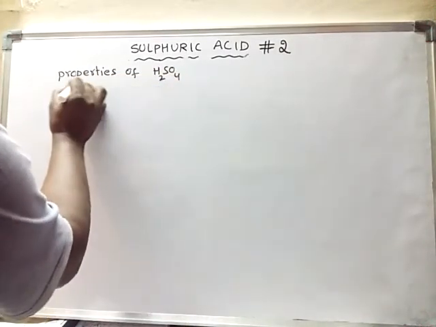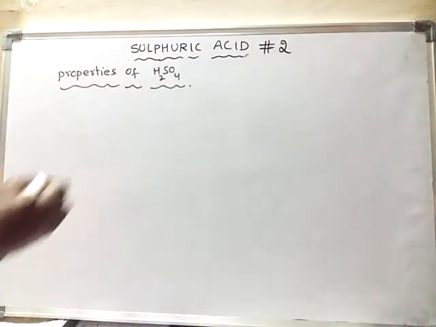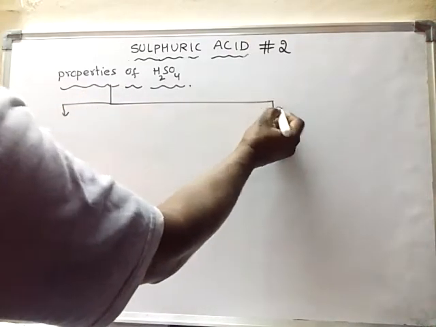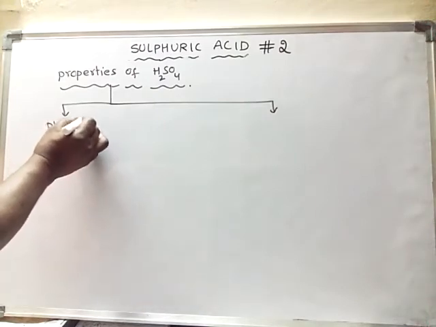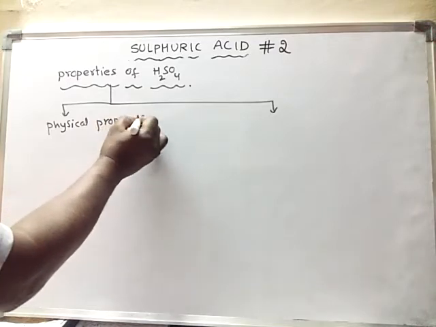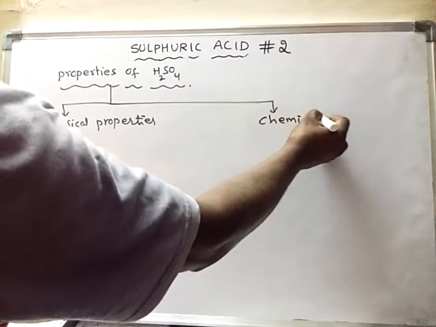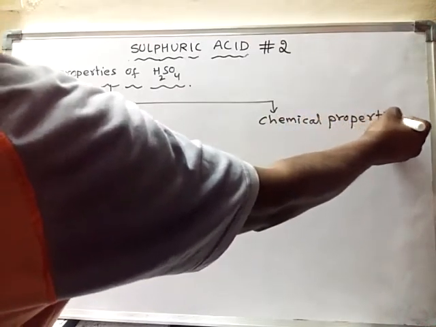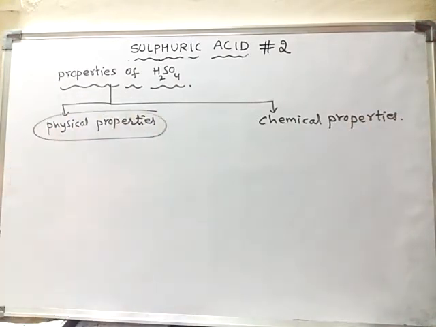Under properties, we can learn the properties under two headings. One is physical properties, and another one is chemical properties. First of all, we will start with the physical properties.